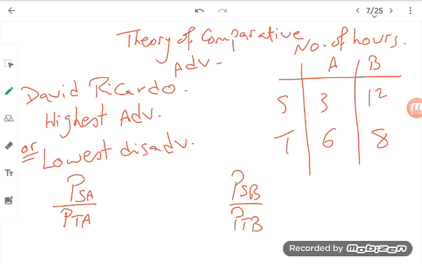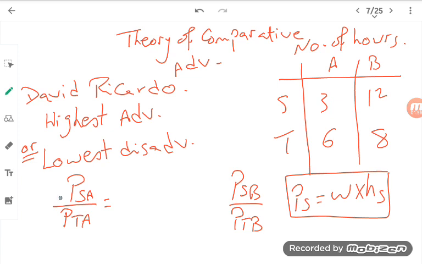Where is the price of the commodity? As we said in the assumptions, labor is the relevant factor of production. In this part we said that the nominal price of the commodity will be determined by the wage rate multiplied by the number of hours required to produce a single unit of this commodity.